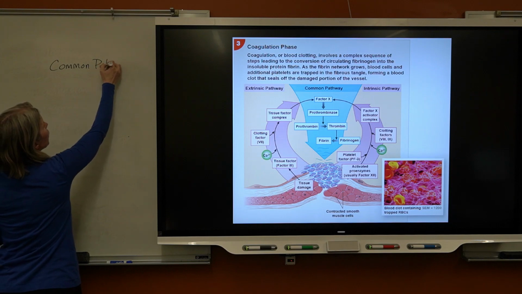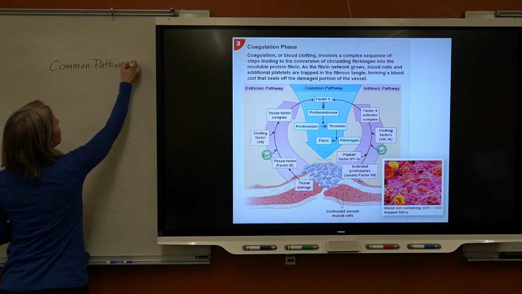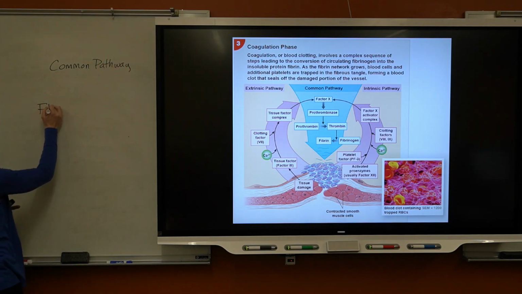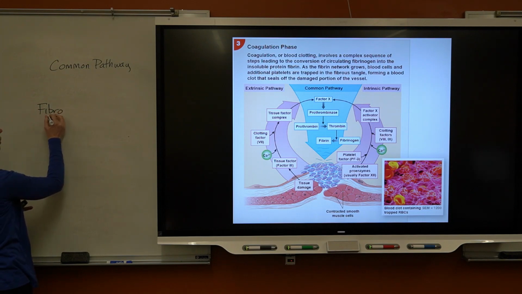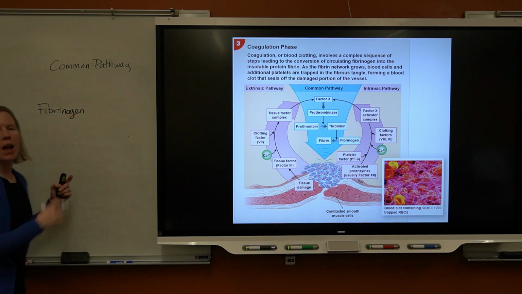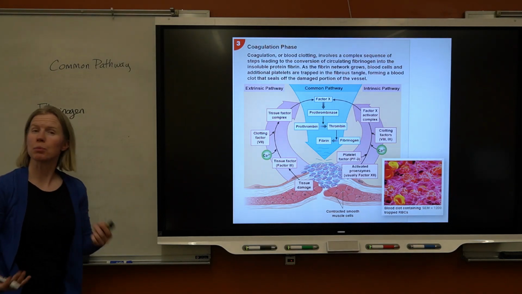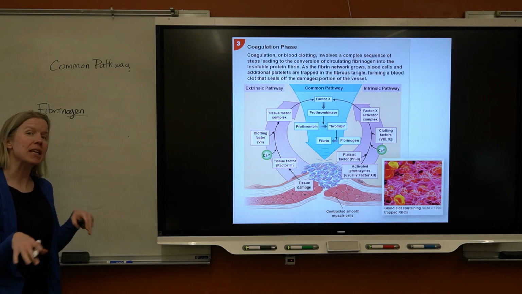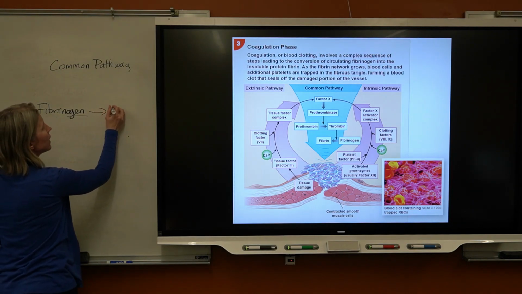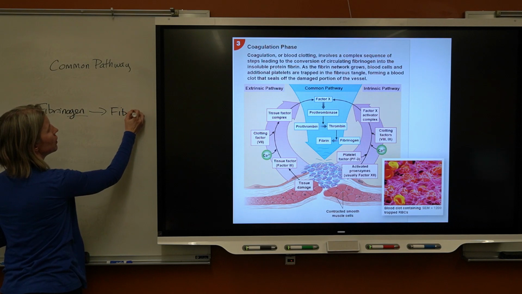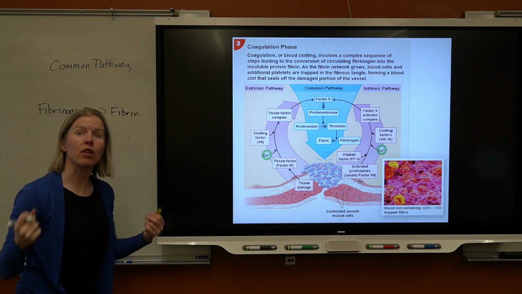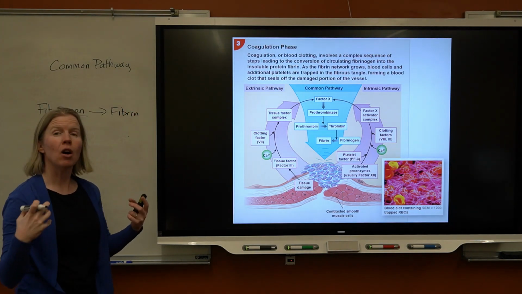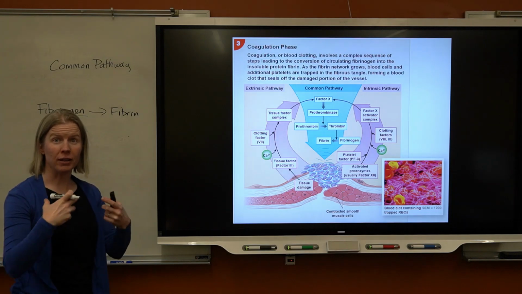And really what I want you to know here is, remember we talked about fibrinogen as a plasma protein. This is produced by the liver, and remember the ogen ending means it's inactive. We need to convert it to fibrin, which are the fibers that are actually going to cause our true blood clot, right?